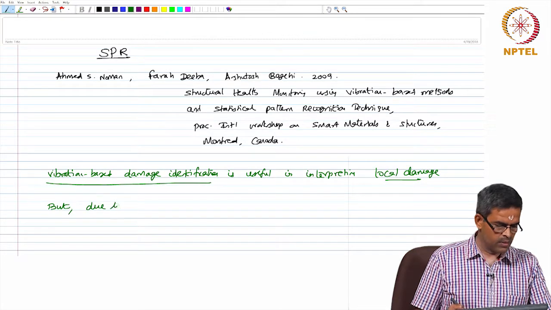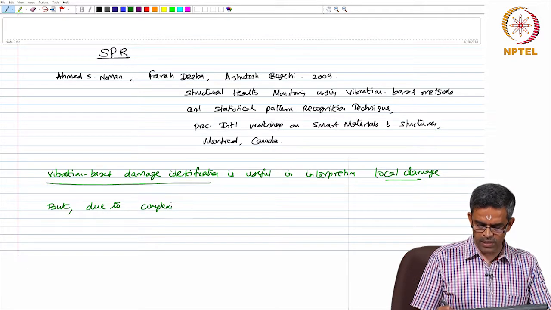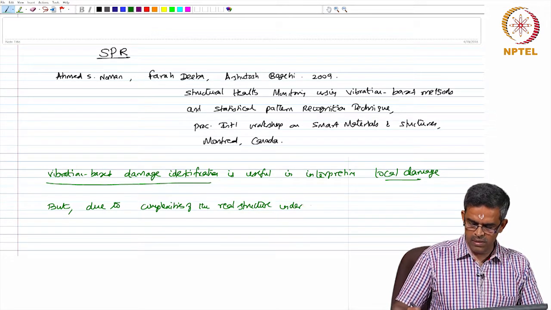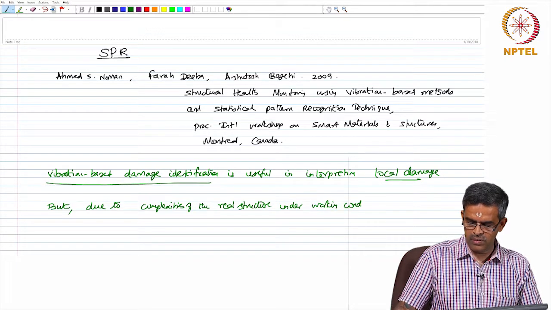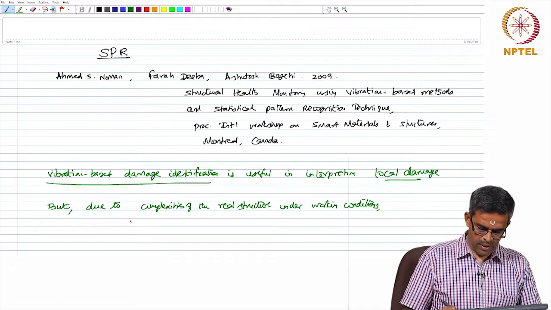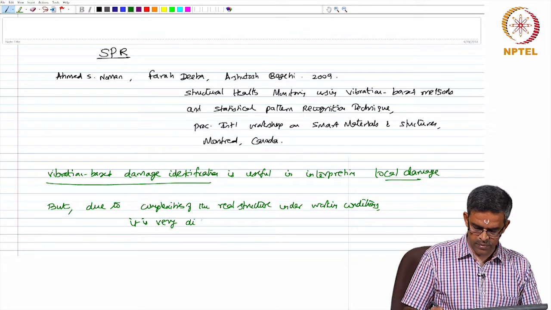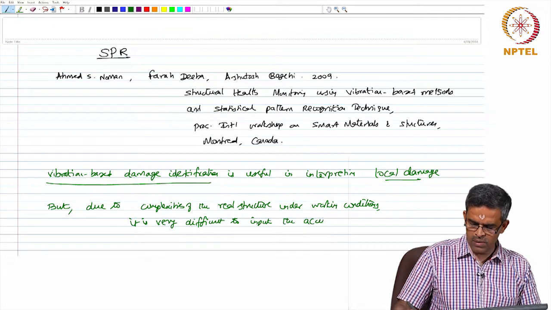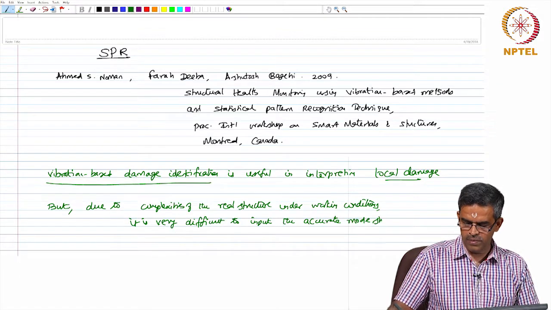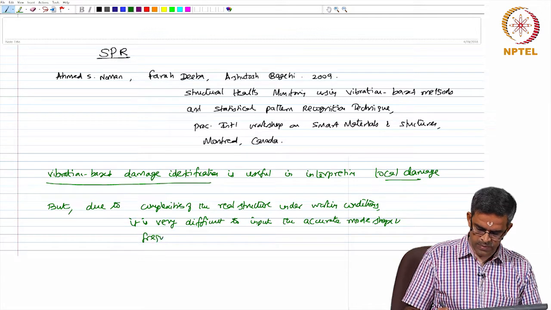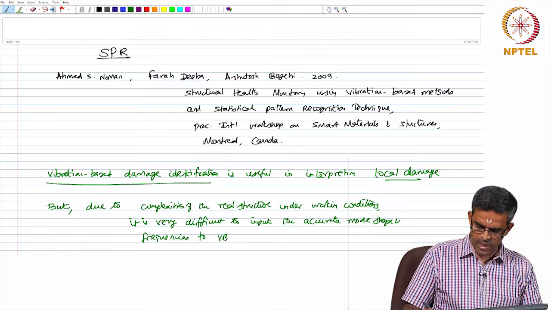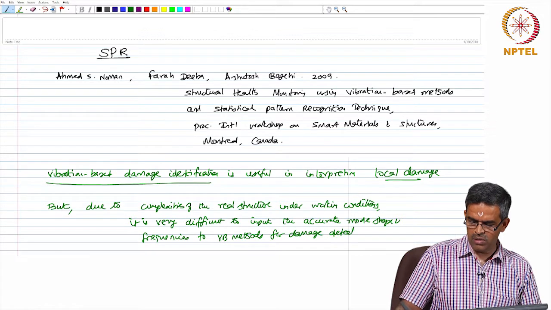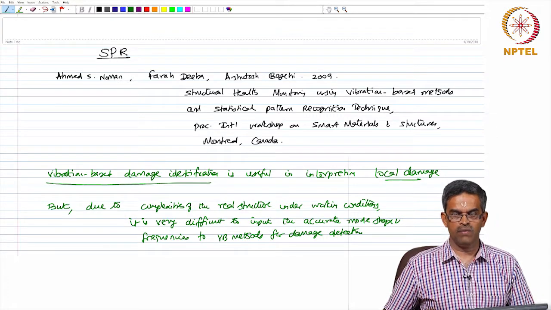unfortunately, due to the high complexities of the real structure under working conditions, it is very difficult to input the accurate mode shapes and frequencies to vibration based methods for damage detection, because we know these methods demand input of mode shape and frequency.